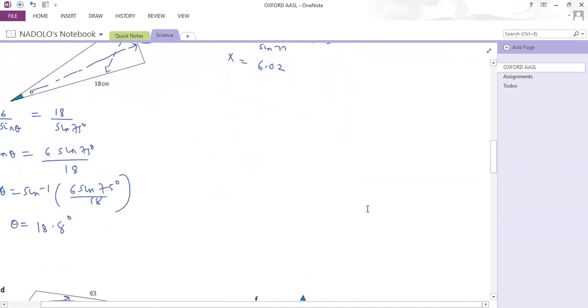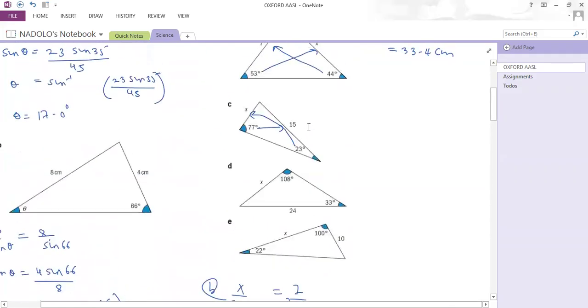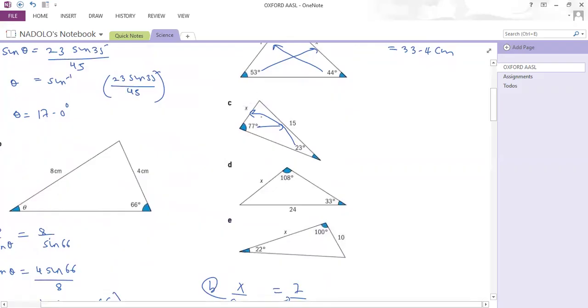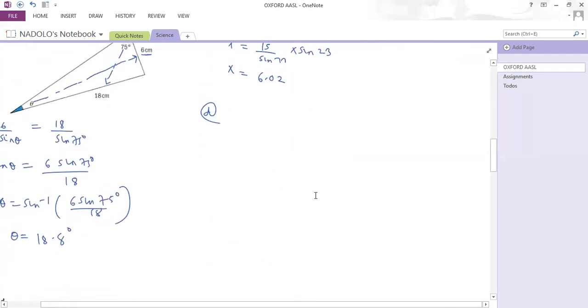Let's look at part D. This angle faces this side directly, and this angle faces this side directly. So this is quite easy. 24 over sine 108 is equal to x over sine 33. So x over sine 33 is equal to 24 divided by sine 108.